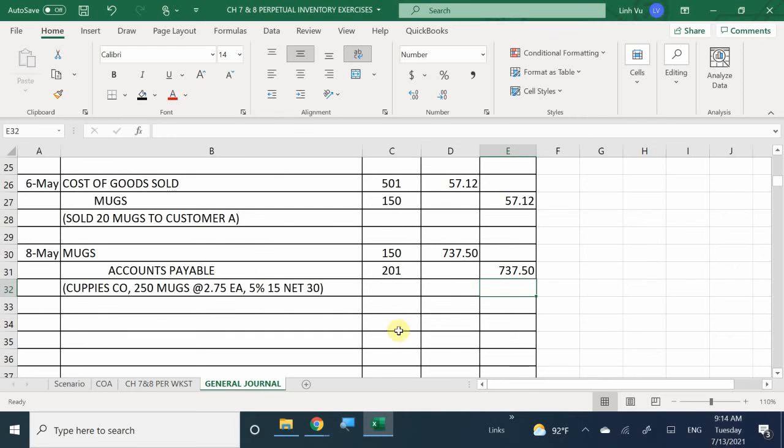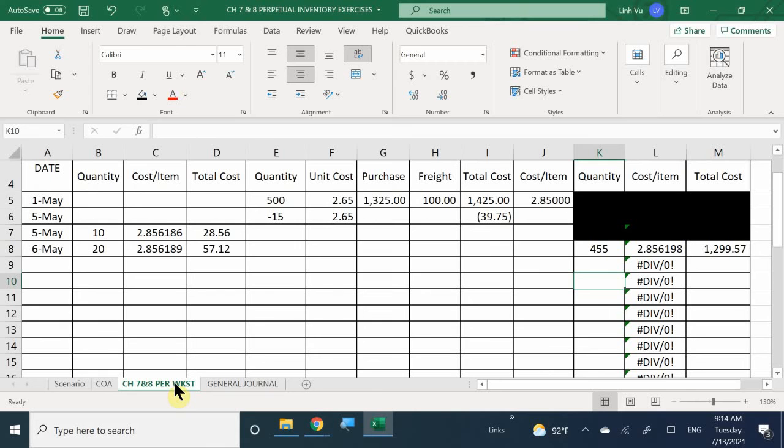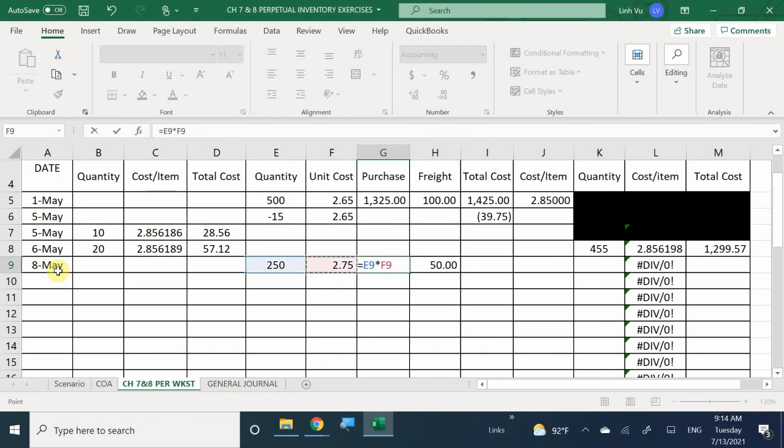So then now let's go ahead and plug that into my inventory worksheet because now I made a new purchase. So therefore, I need to update my inventory because I made a purchase. So it is May 8th. We purchased 250 items at $2.75 each with the freight costing $50. So what's my total purchase price?